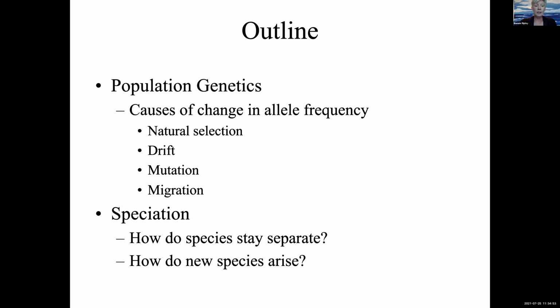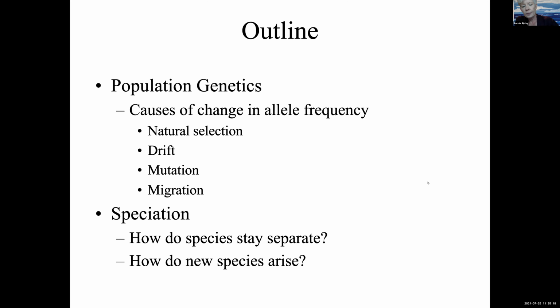Our second topic is speciation. How do we keep species apart from one another once they are formed? That's important to understand before you can understand how we get a new species in the first place. So speciation is the event that happens where we had one species and it turns into two.